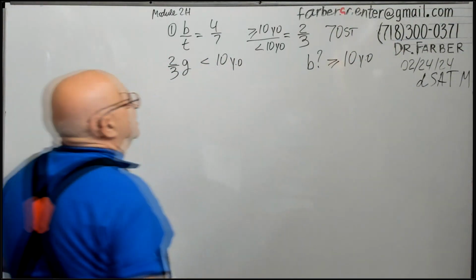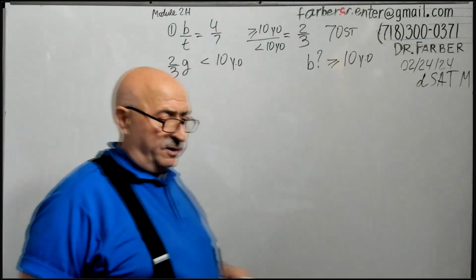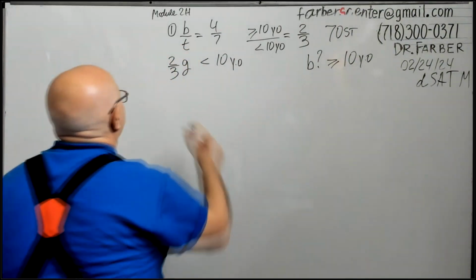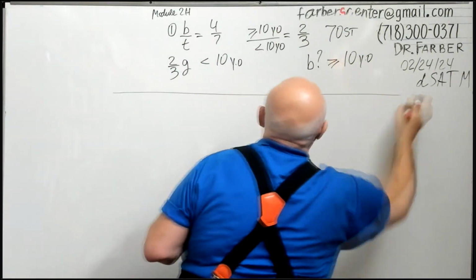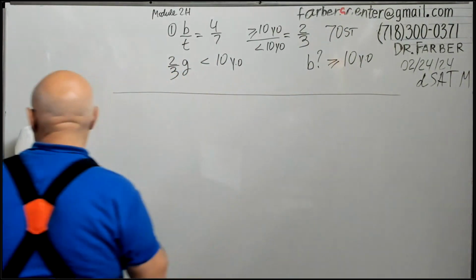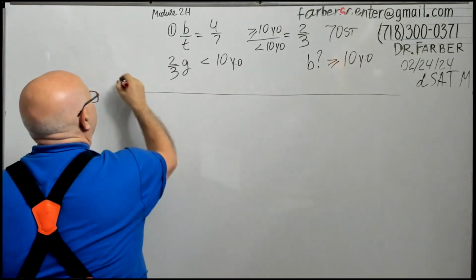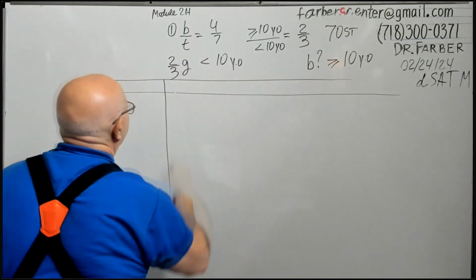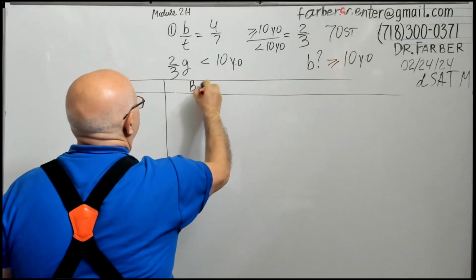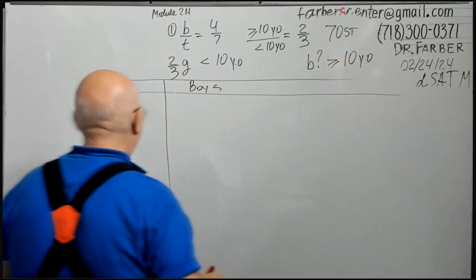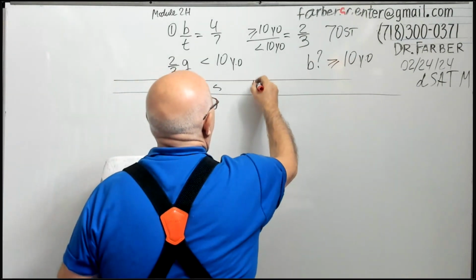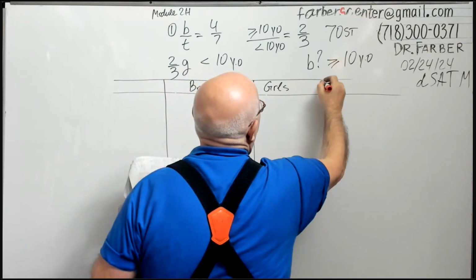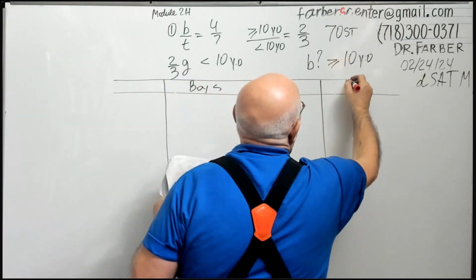Typical question from SAT. Since many questions we solve in seconds, this is a little bit more time consuming. Make a table, make a matrix. And put here boys, girls, and total.